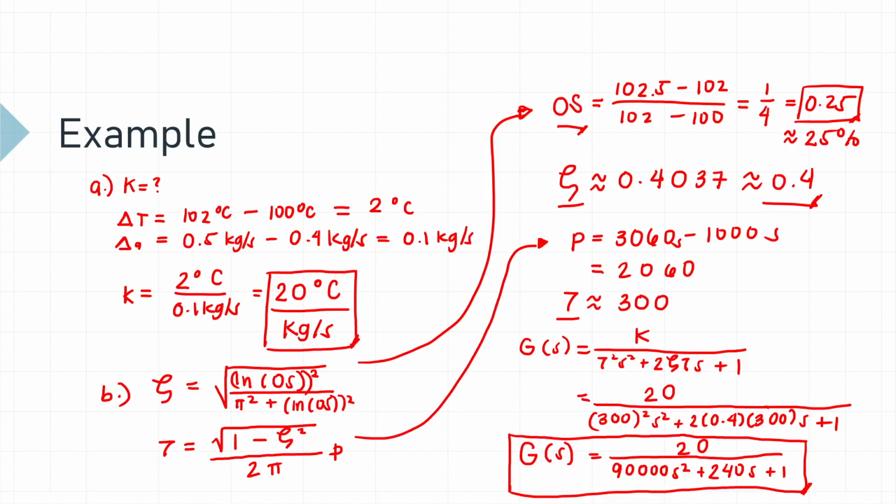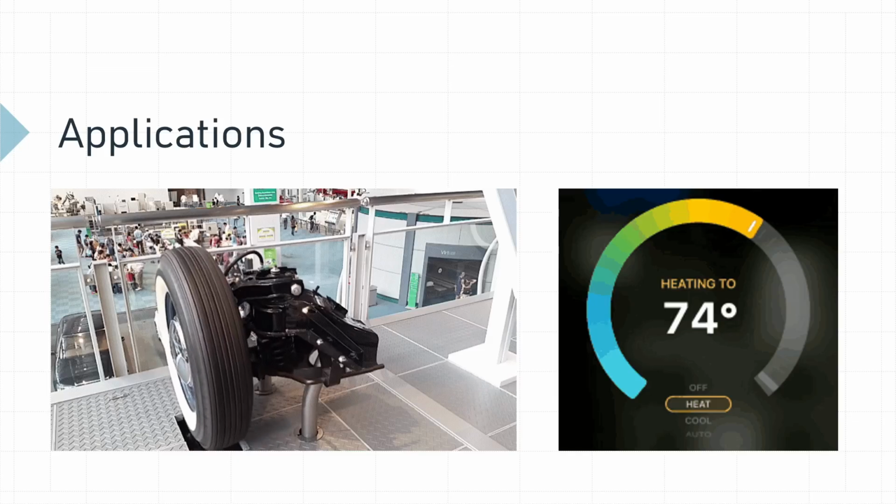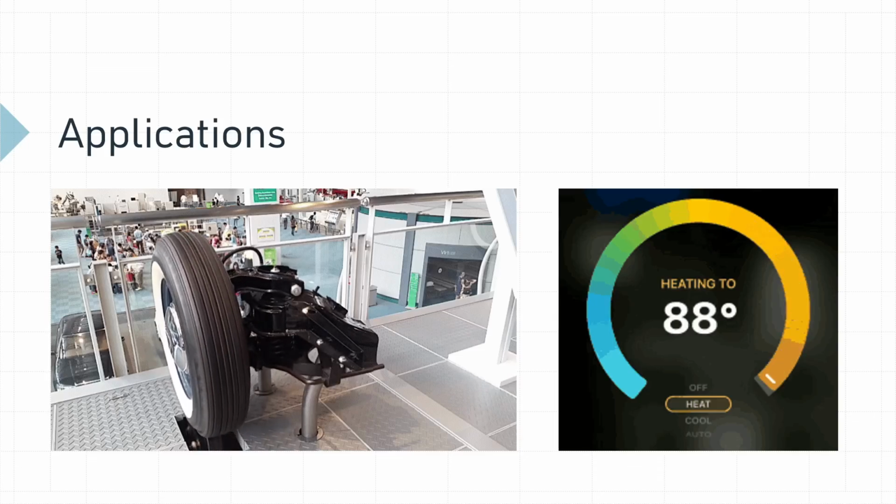Alright, now, in a few applications, we could say that the applications of these concepts are quite vast. For example, in automotive suspension systems, a higher damping ratio ensures smooth rides, while in temperature control systems, underdamped behavior can accelerate stabilization.